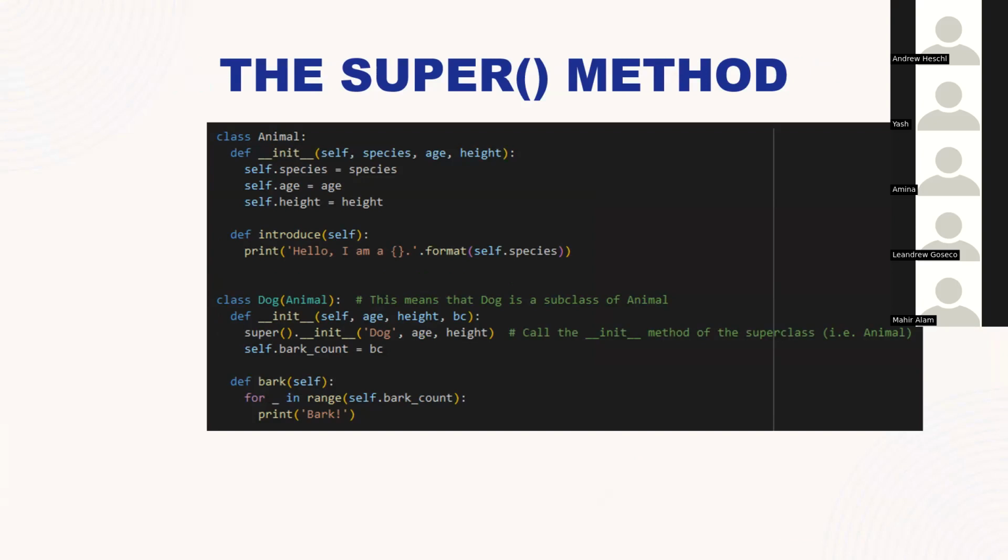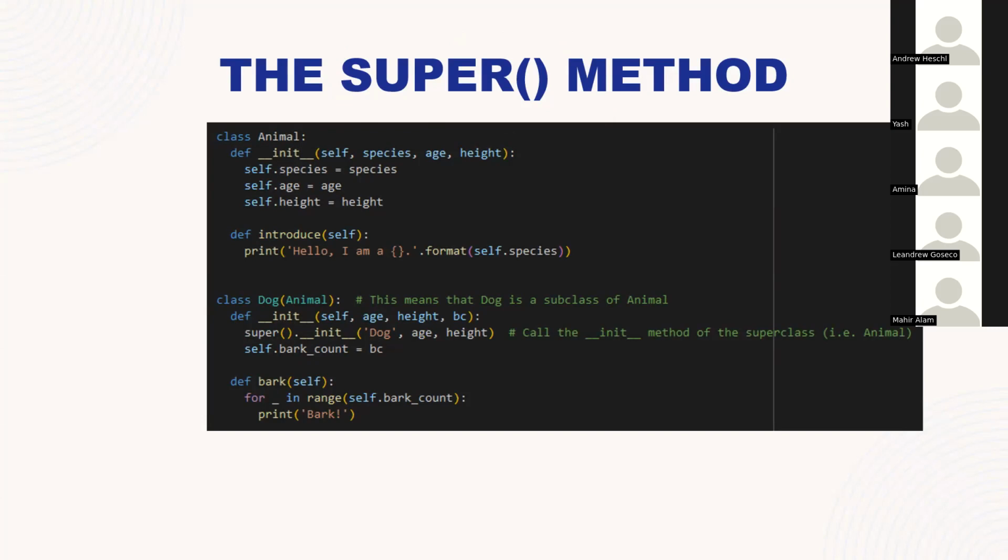Okay, so now we're going to learn about how to actually properly initialize subclasses. And to do this, we have to make use of something called the super method. In the init methods of dog and cat, I was already actually using this super method. This is, again, crucial for programs that use inheritance.